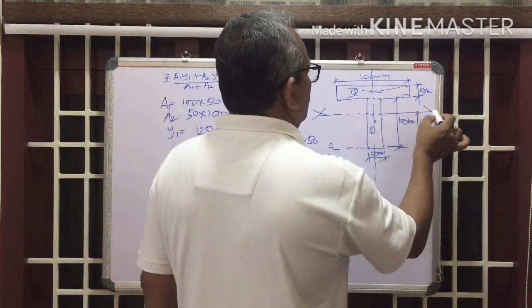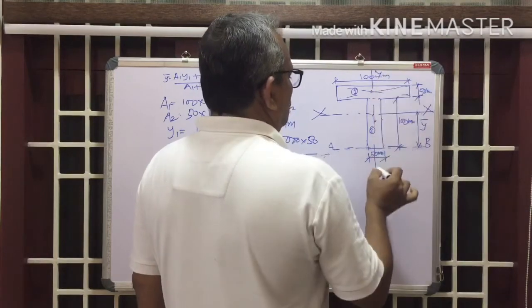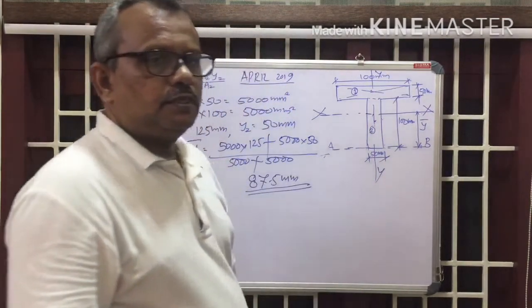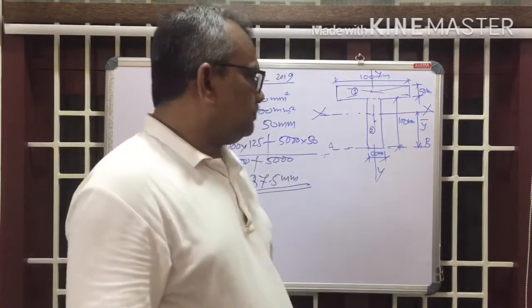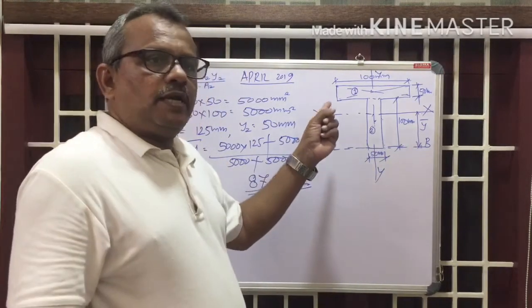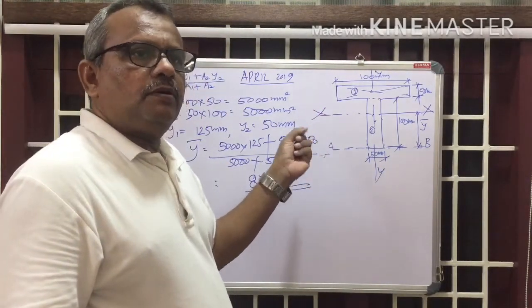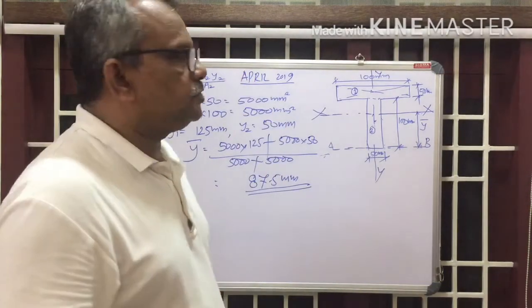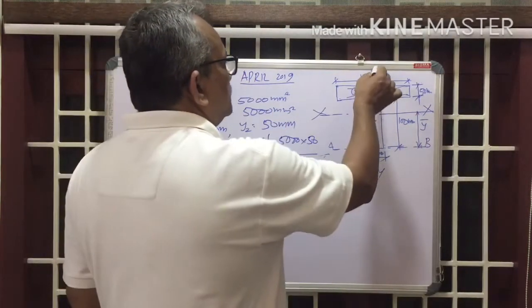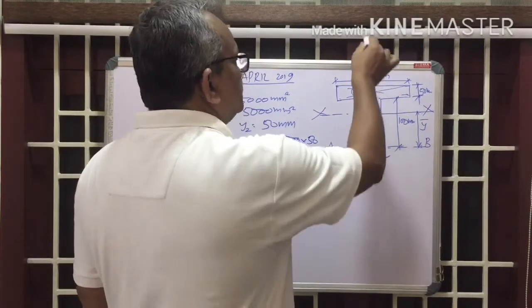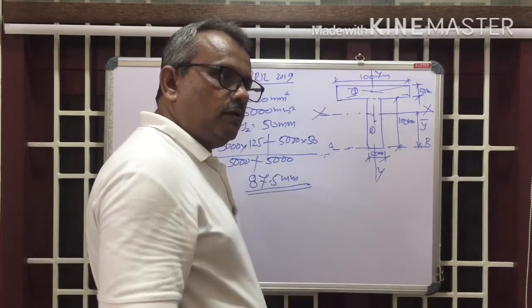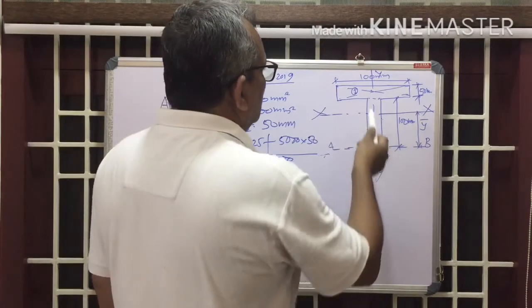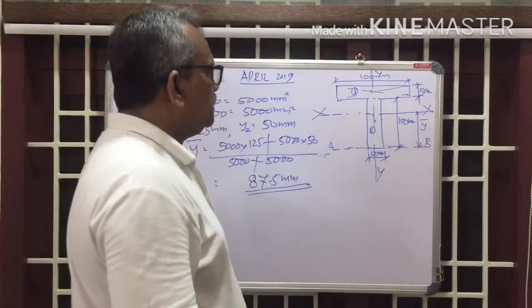Here we have two axes, XX and YY. When you get a question like this, T beam, I beam, Z section or channel section, whatever it is, first you have to check which axis it is symmetrical about, XX or YY, or whether it is unsymmetrical about both.